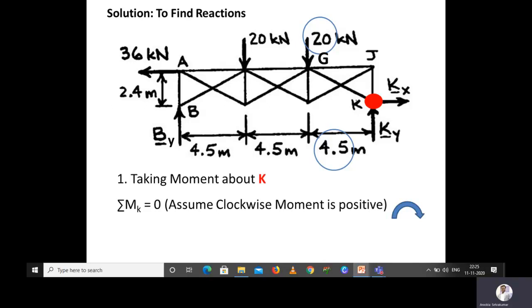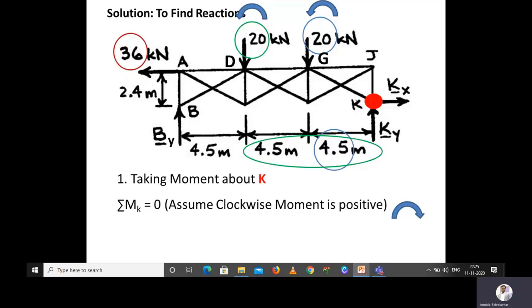If we fix the truss at K and apply 20 kilonewton at point G, definitely that truss will rotate in counterclockwise with respect to K. Similarly, at point D we have 20 kilonewton, and from the K point the total distance is 4.5 meter plus 4.5 meter, so totally 9 meter. This 20 kilonewton will again create a counterclockwise, otherwise anti-clockwise, moment with respect to K.